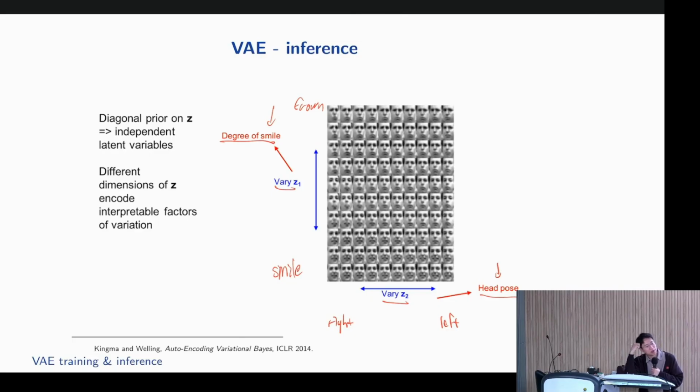VAEs and AEs have to pack as much information as possible in this tight space, which is, in this case, two-dimensional. To reduce the reconstruction loss, it has to pack meaningful information.